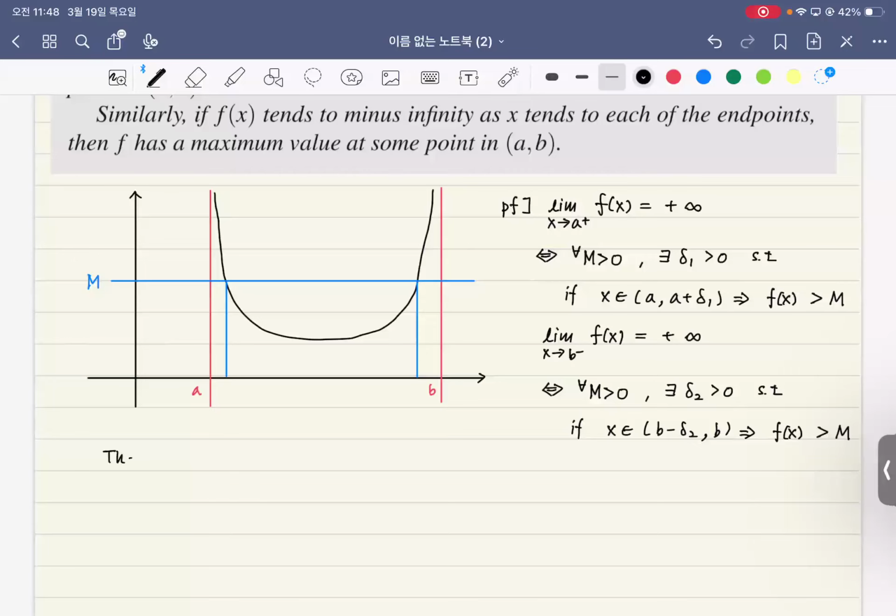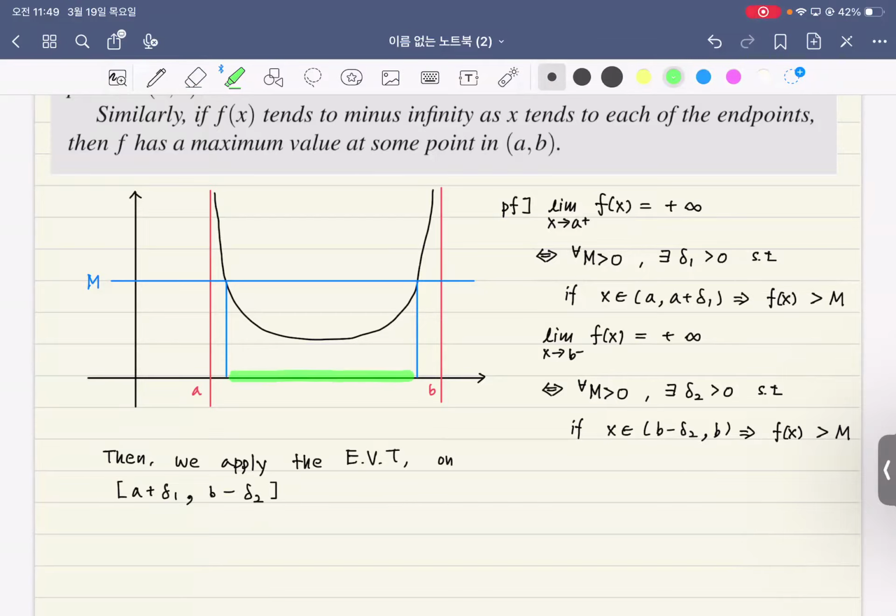Then we apply the extreme value theorem on a plus delta 1 to b minus delta 1. Not delta 1, delta 2. Sorry.